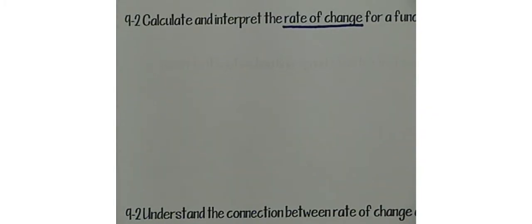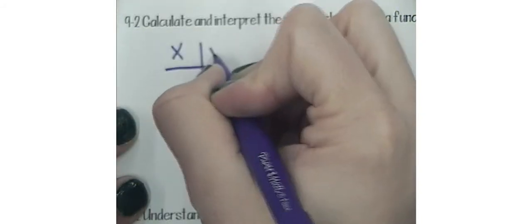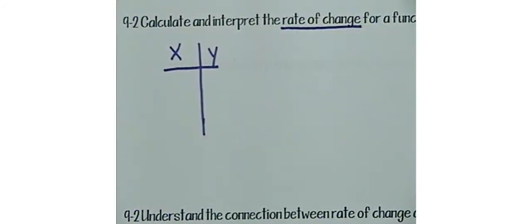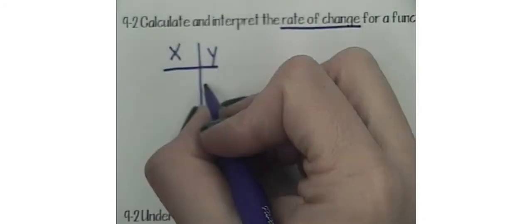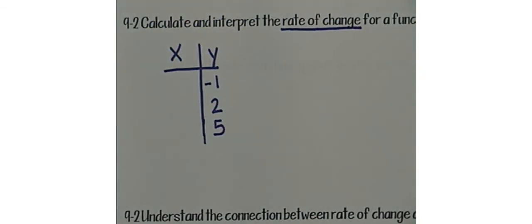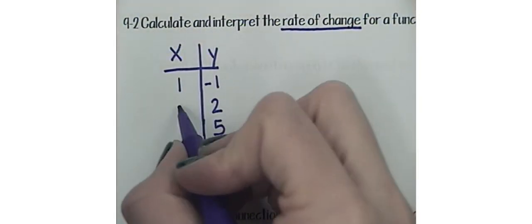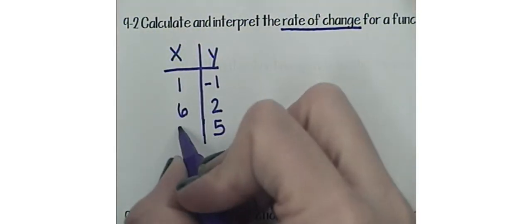So let's draw in a graph here. And let's go -1, 2, and 5 for our y values. And in our x's, let's go 1, 6, 11.